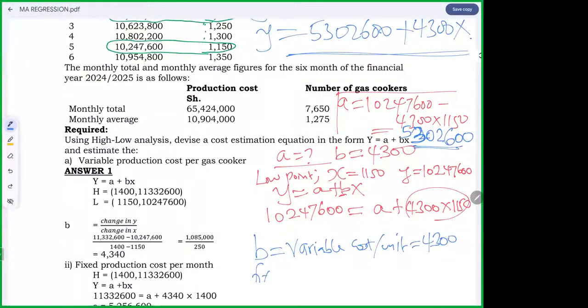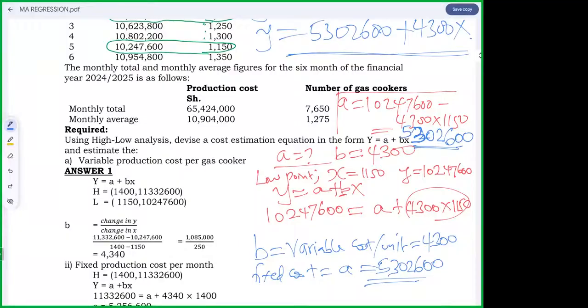And then fixed cost will be our A, which is 5,302,600, like that. Clear, thank you so much. So that is what we are required to do in this very question.